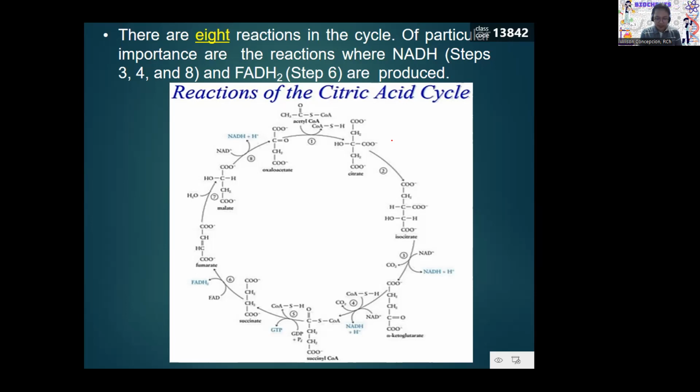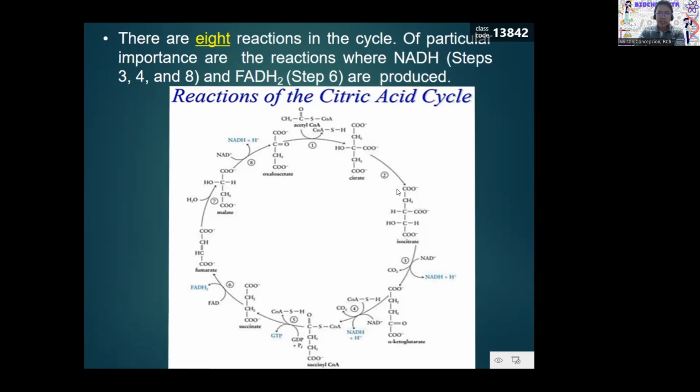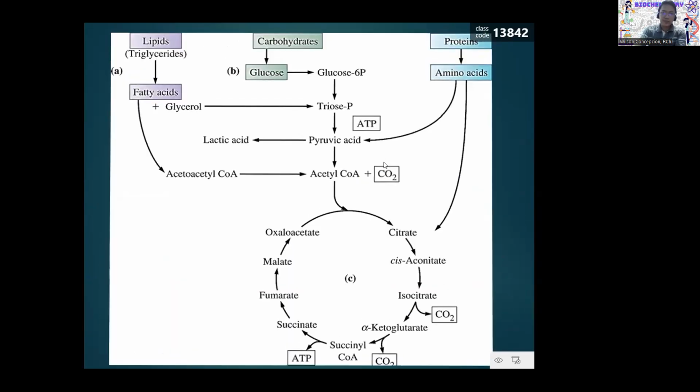Hindi nyo pinaalala. Last week slide. Balikan natin later, no? Okay, so proceed muna tayo dito sa ating citric acid cycle. Pero feeling ko mas kailangan nating balikan muna kasi may mga mababanggit dito dun sa last week natin.